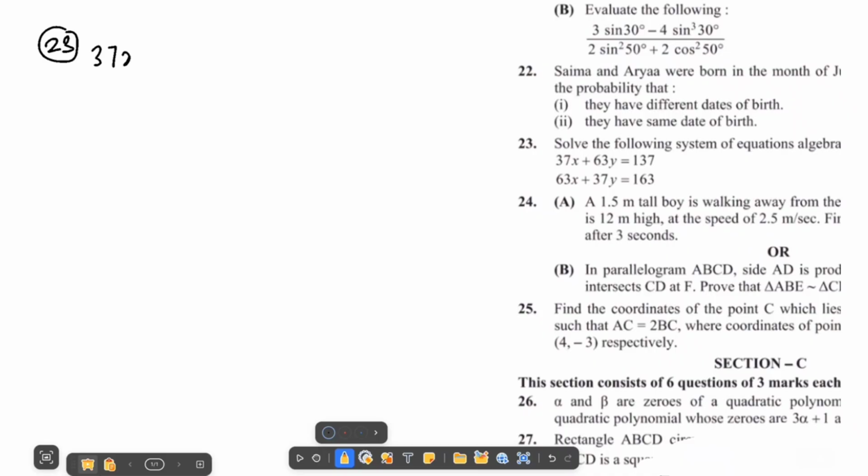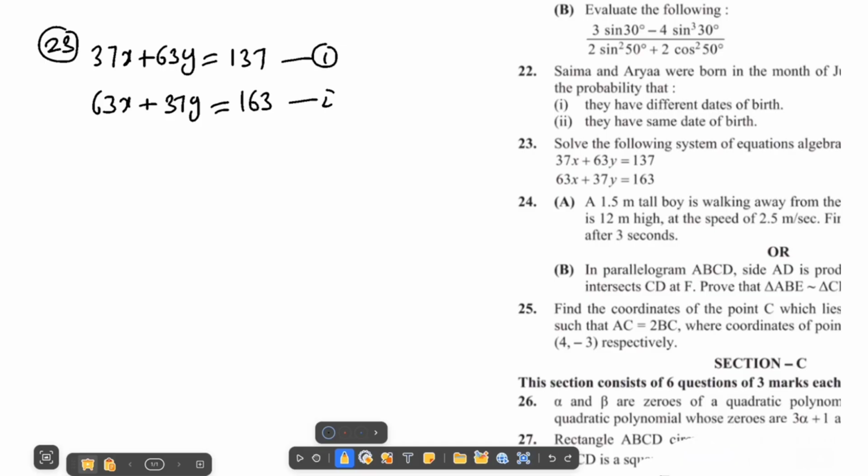37x plus 63y is equal to 137. Let this be equation 1. Next, 63x plus 37y is equal to 163.